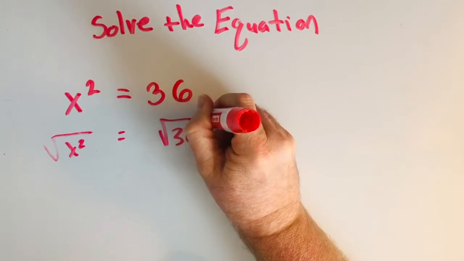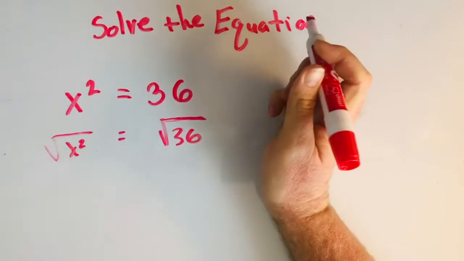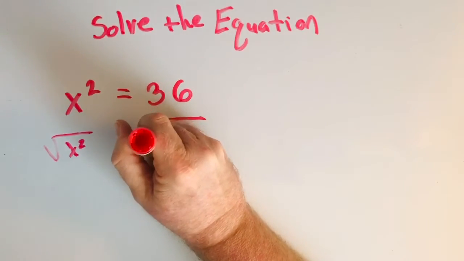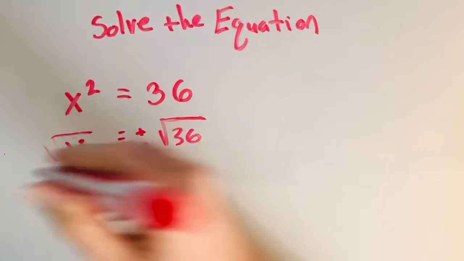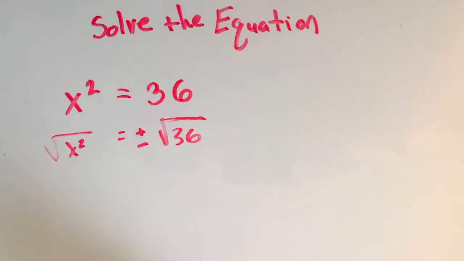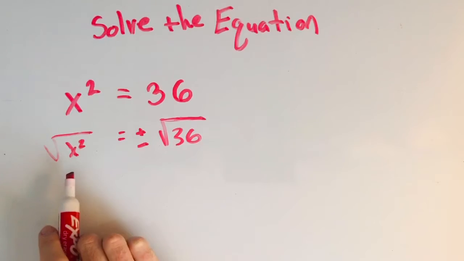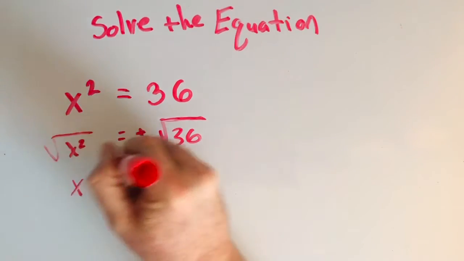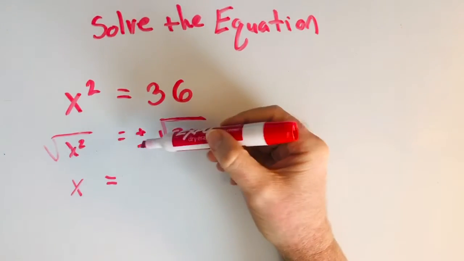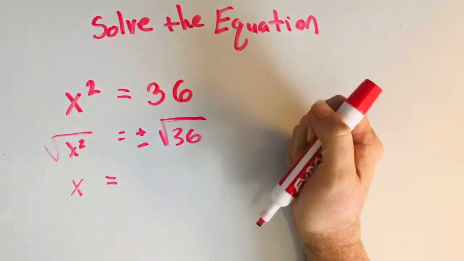If I take the square root of both sides, I need to be mindful that if I square a positive number or a negative number, I'm going to get a positive number. So x squared is 36. That means the square root of that, so x can either equal a positive or a negative square root of 36.